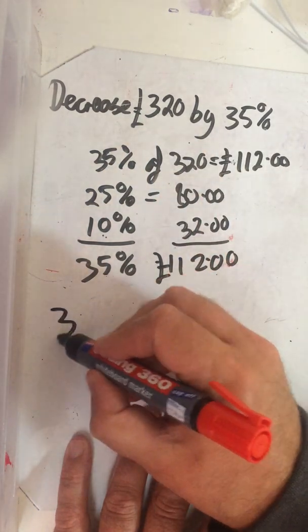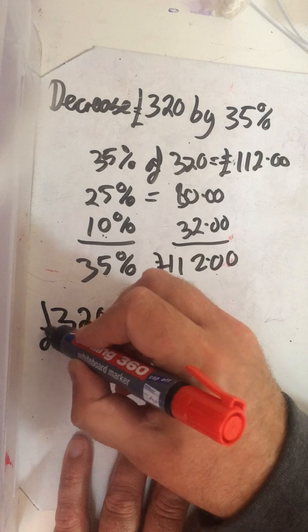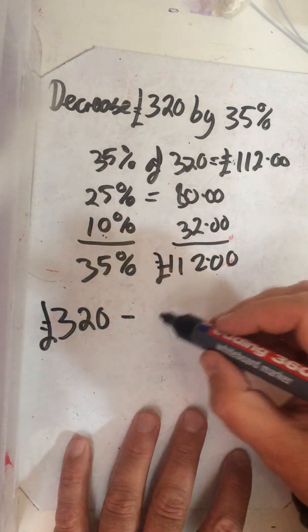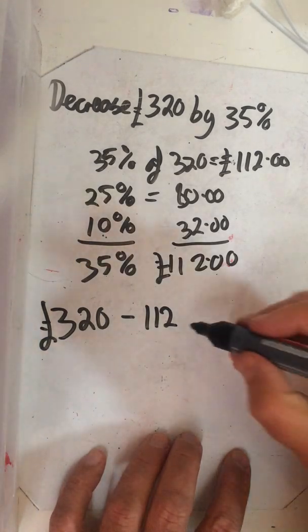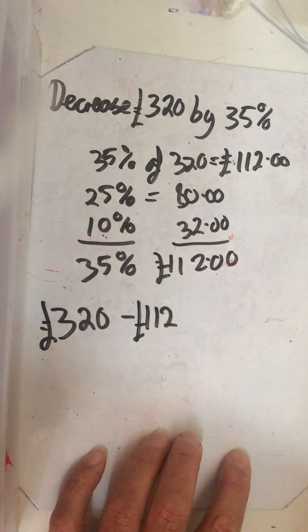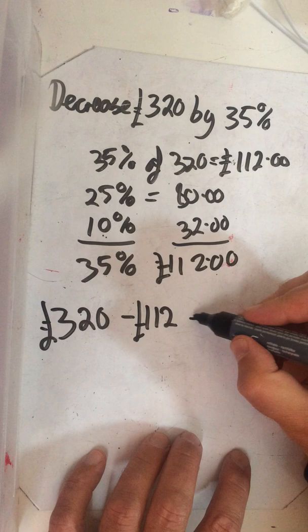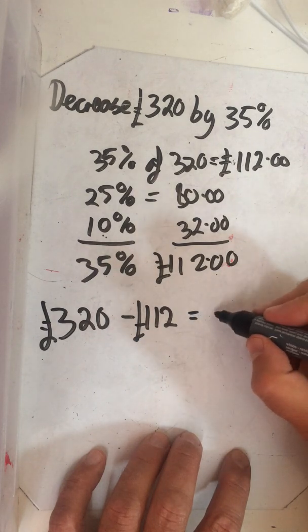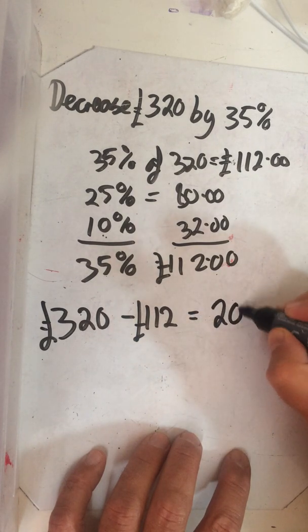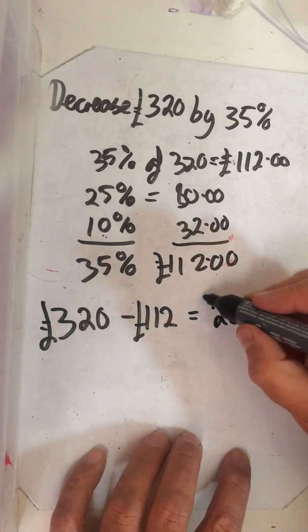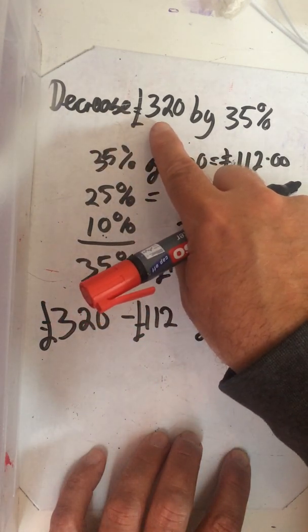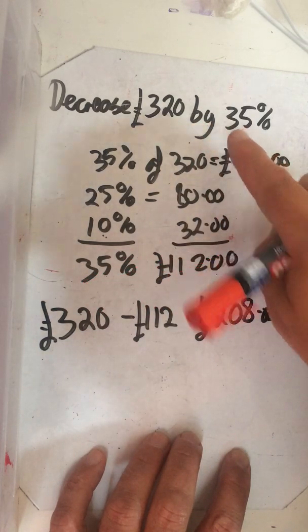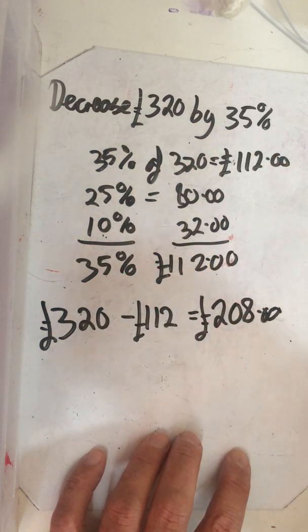So I take my £320 and I have to subtract the 112. You should be able to do that in your head. Actually, you don't need a written method for that, do you? So take away 100 and take away 12. So that should give us £208. So the answer to decreasing £320 by 35% is £208.